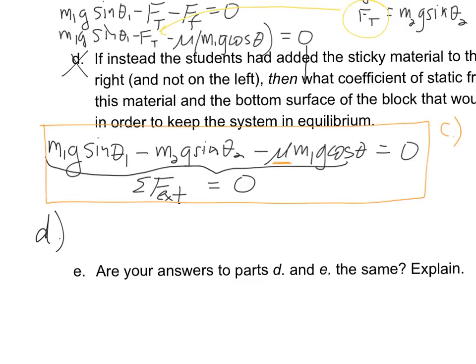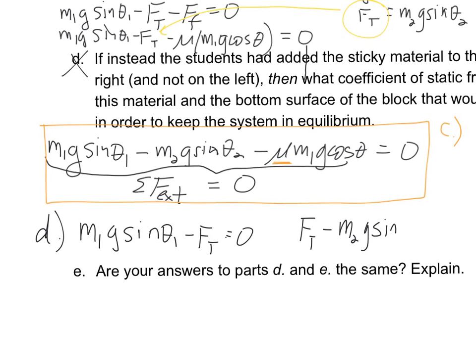And if we did that, then the equations change a bit, right? Now, the equation for m1 would look like this: m1g sine theta 1 minus ft equals 0. But the equation for block 2 would be ft minus m2g sine theta 2 minus the force of friction equals 0.